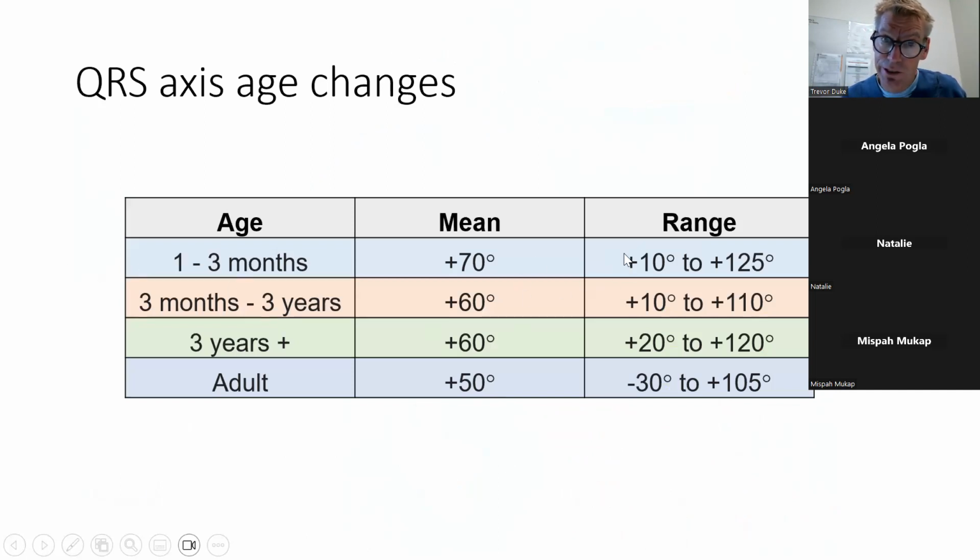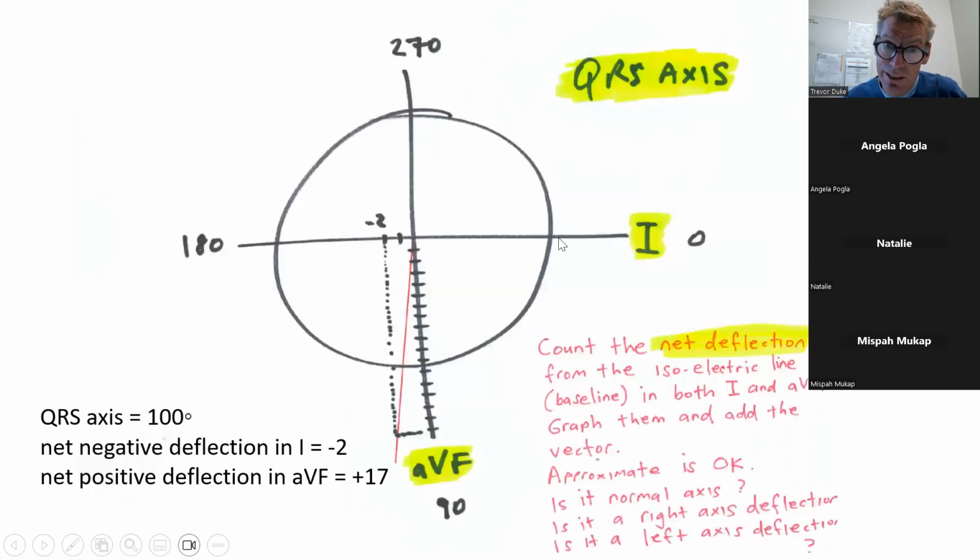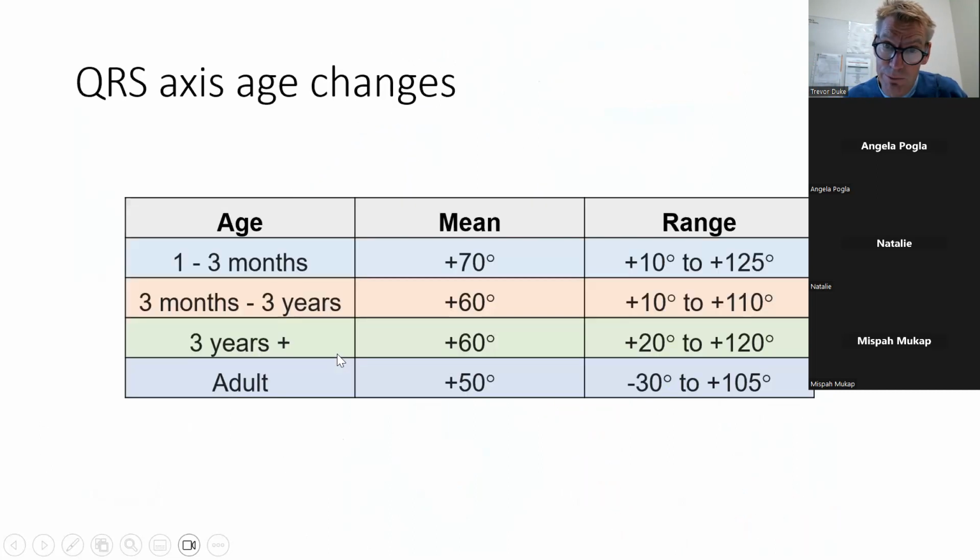Again, at 1 to 3 months, the average is 70 degrees. So it's still in the 0 to 90 degree quadrant, but it can be anything from +10 to +125. So +10 here to 125 would be around about here. That can be normal. And it progressively comes back to normal as the child gets older and becomes an adult.